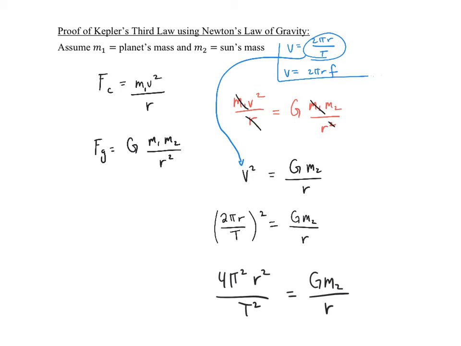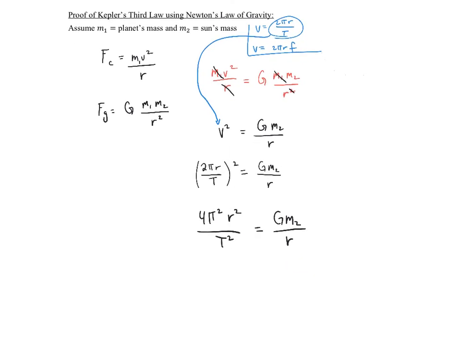So let's just move things diagonally is what I'm saying. Move things diagonally until you get t squared over r cubed by itself. So again, I'm going to move this guy, I'm going to move this guy, and I'm going to move this guy. All three of the things that I circled, I'm going to move them all diagonally. And that will yield the result we want. If I move t squared, it'll put it up here.